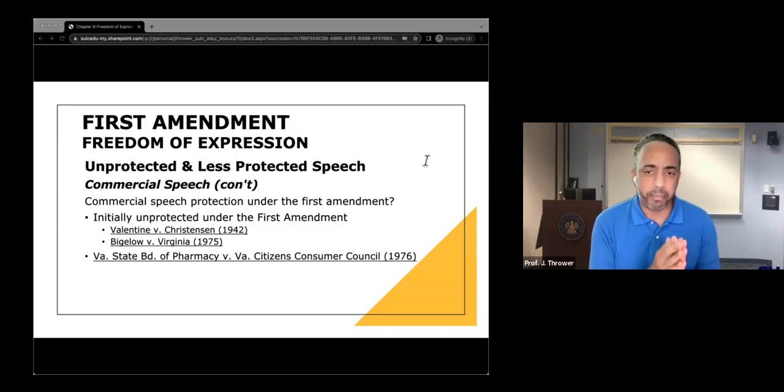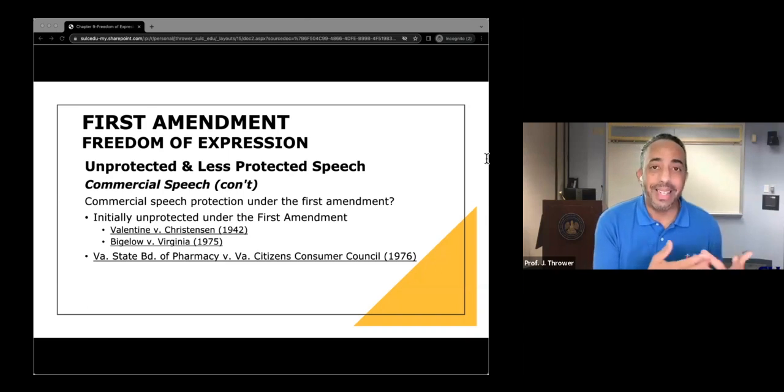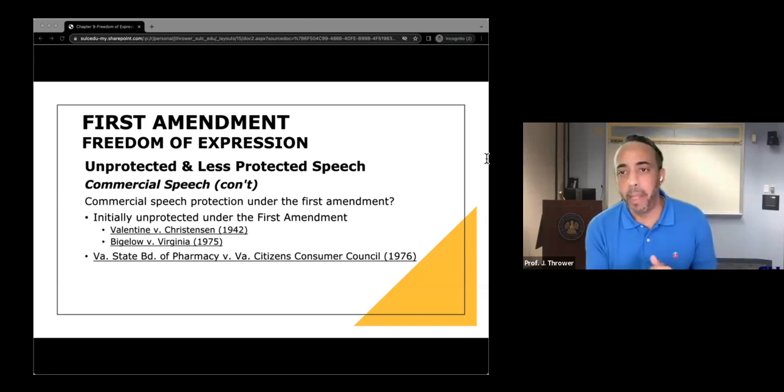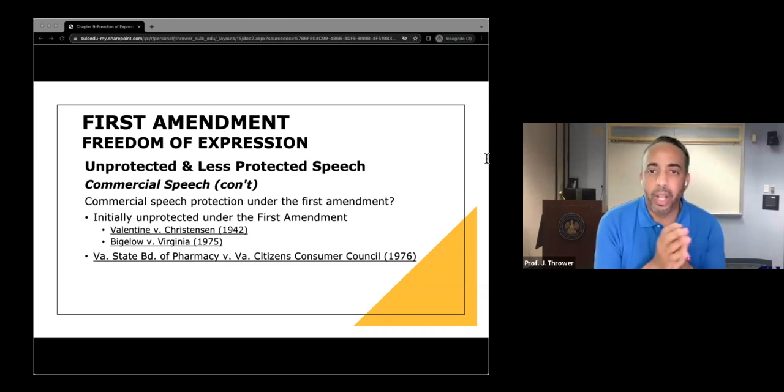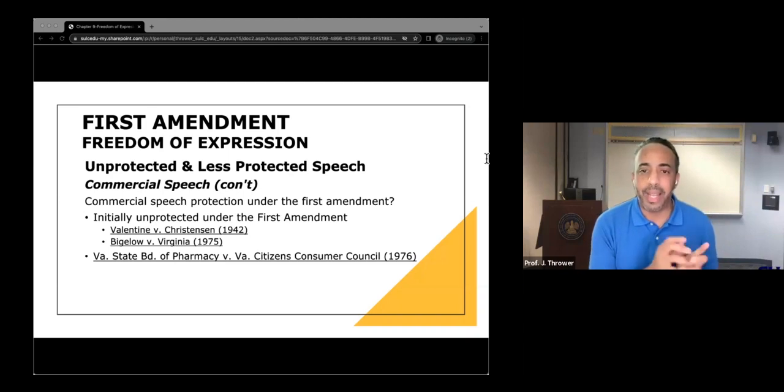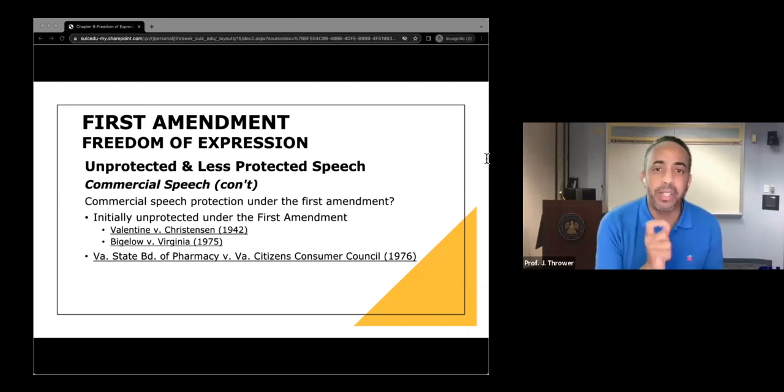The court held that commercial speech is protected under the First Amendment such that a state may not completely suppress the dissemination of concededly truthful information about entirely lawful activity. However, this speech may be regulated by a state to ensure that the ads are not false, deceptive, or misleading, and do not advertise illegal transactions.